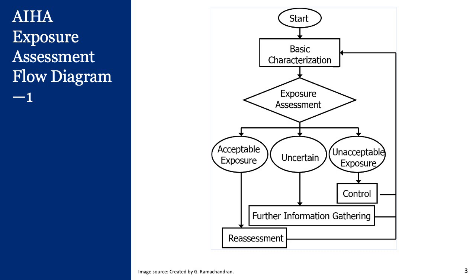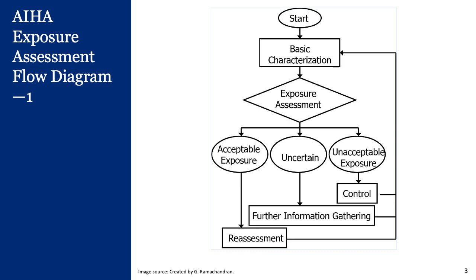And the result of this exposure assessment, which is an assessment of the 95th percentile of the exposure profile that we have discussed in previous lectures, we compare that 95th percentile with an exposure limit and arrive at a decision that the exposure is either acceptable, unacceptable, or uncertain, meaning we still don't know enough to make a valid comparison.